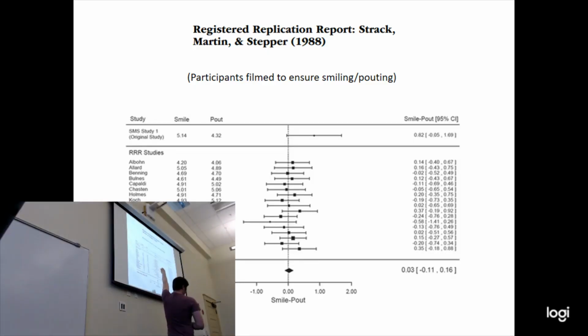At the top are the original results from that first paper that I talked about. These are the results from all the different labs. This is the test against zero, and yeah, they found no difference in funniness ratings between the smiling and the pouting conditions.